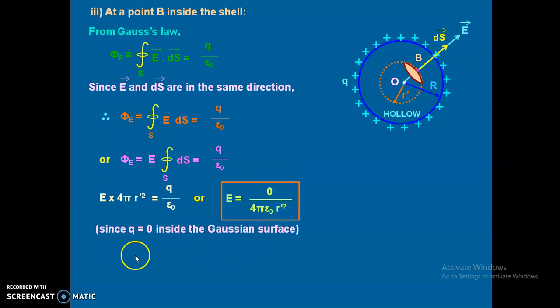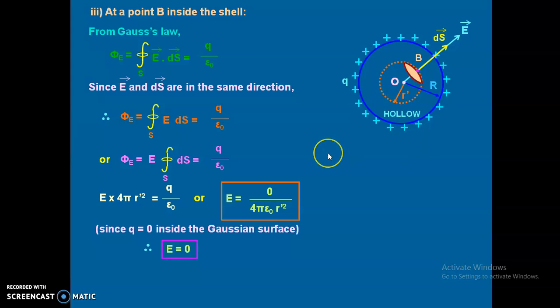Since q is equal to 0 inside the Gaussian surface, we can write E is equal to 0. So electric field intensity inside the spherical shell is equal to 0. We can say this region inside the spherical shell is protected from electric field. There is no electric field inside the spherical shell, right?